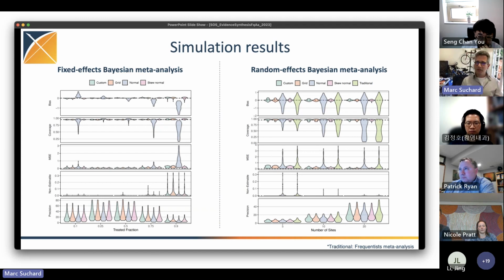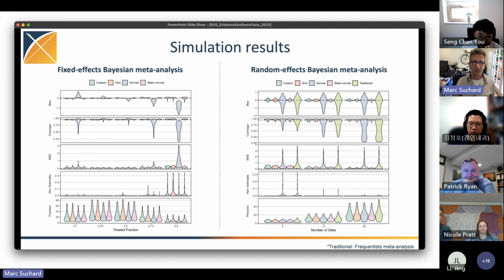And then the traditional approach, which is I took the point estimate and the 95% confidence interval from each data source and ran a standard meta-analytic answer. And if you look at bias, you want bias when you know the truth to be really small. And so for the Bayesian random effects model using these profiles, it's nice and small.